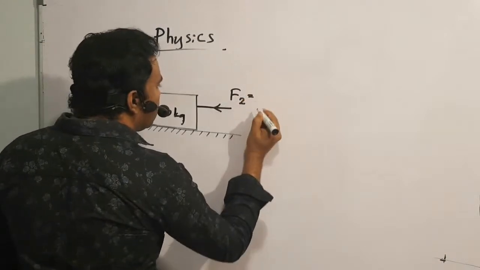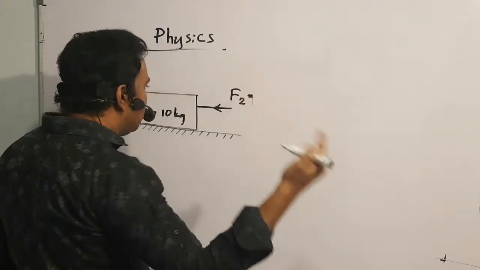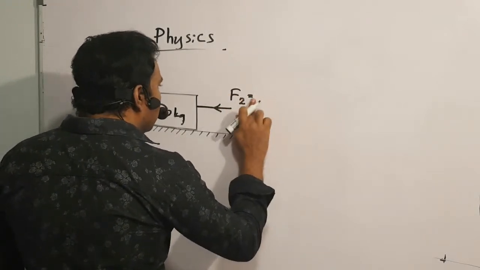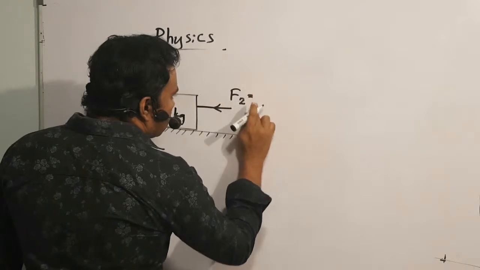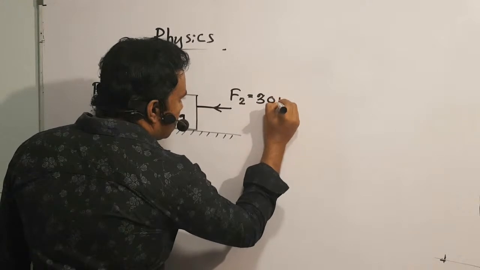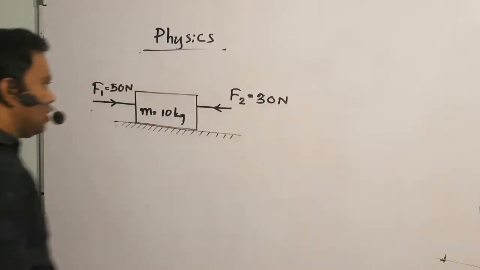F2 force equals 30 newtons. This is the question that appeared in your exam.